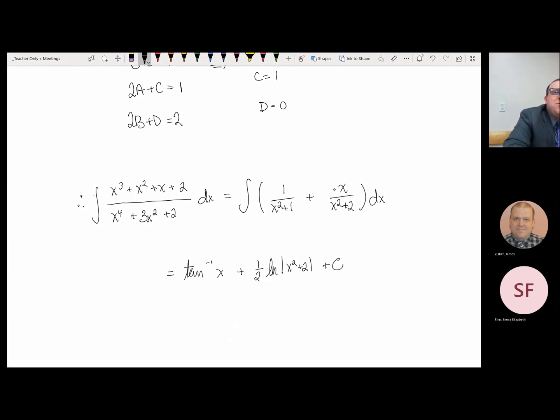So you multiply by 2, and then multiply the result by 1/2. Did you really do u sub, or did you just quote that the natural log of x squared plus 2 would work out? Well, I did it in my head, but it is u sub. That's the technique.